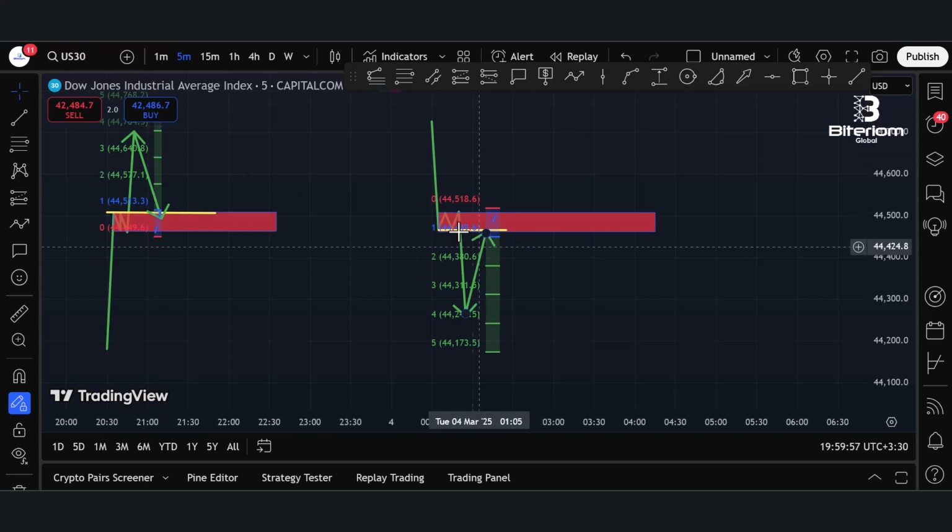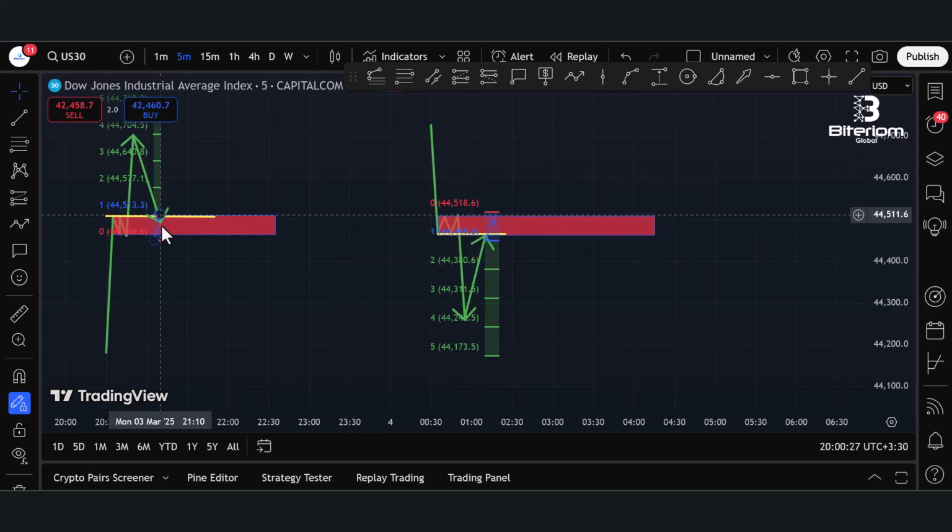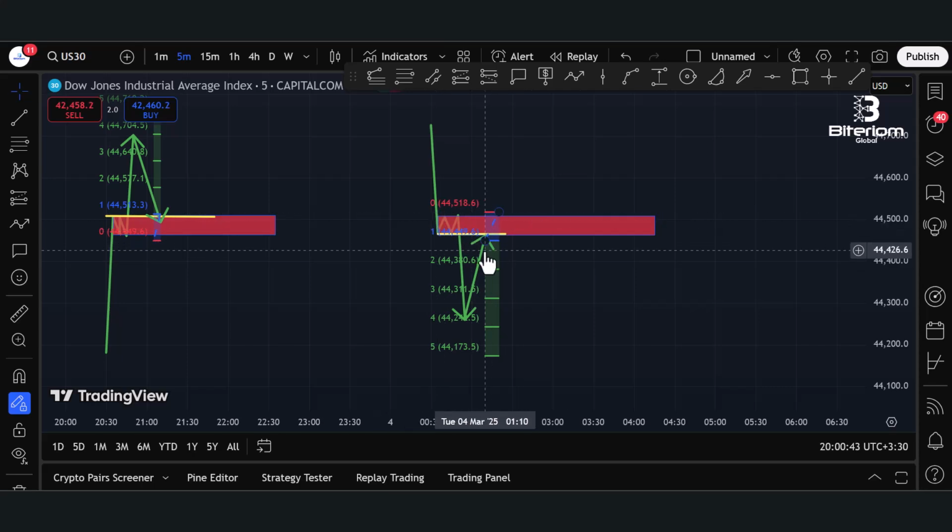On this trend, the buyers want to make an uptrend but they can't, and after that sellers came back and with so many sell orders make it a downtrend. If price rejects on this zone, or under this zone on a downtrend, we have a few orders for a long setup, guys, and we can open our long position on this zone and we can open our short position under this zone.